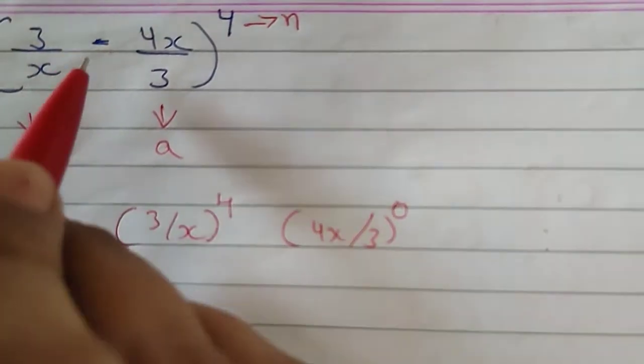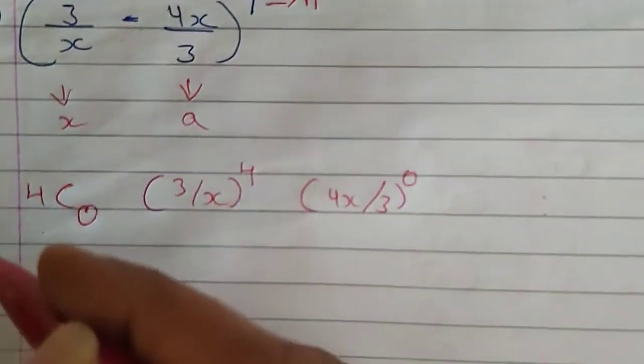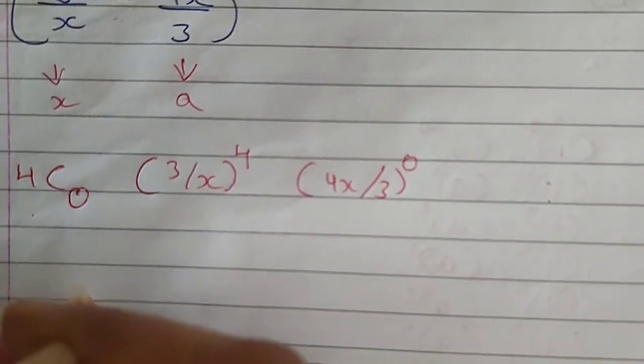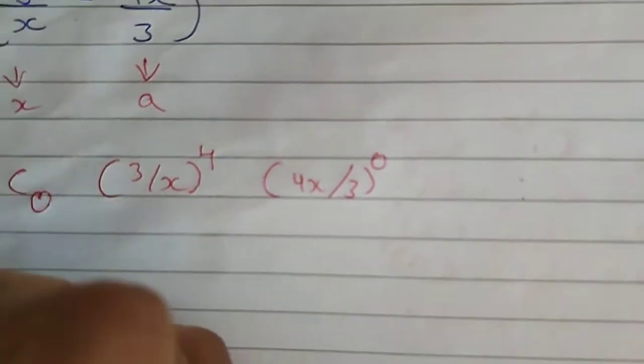Then second, now here because it is minus sign, so alternately it will be plus, minus, plus, minus, how you do in the formula.